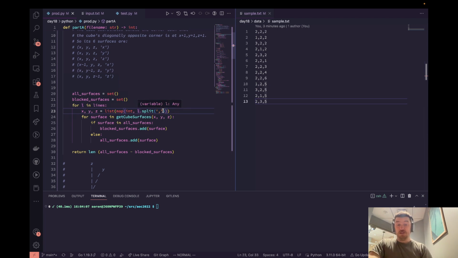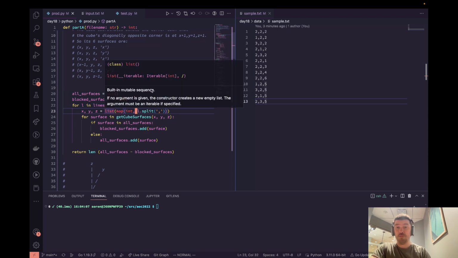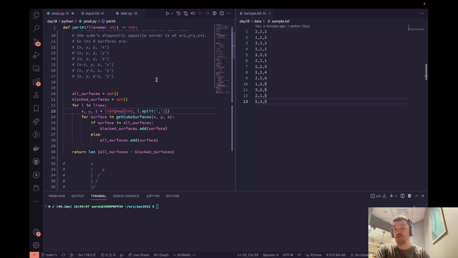So we split it by the commas, we apply int to what we get from there using map, and then we have to call list on it to actually get the values from the map. And then we store the output of that into the XYZ variables.